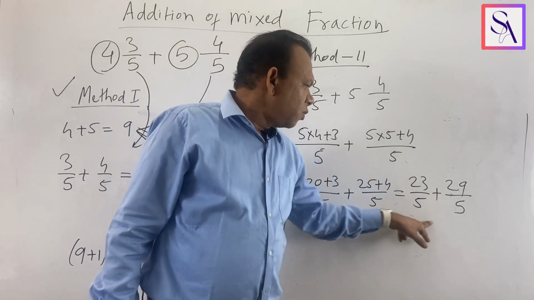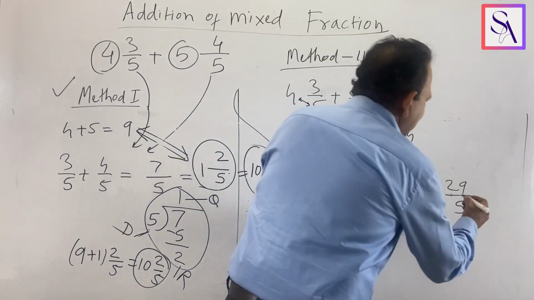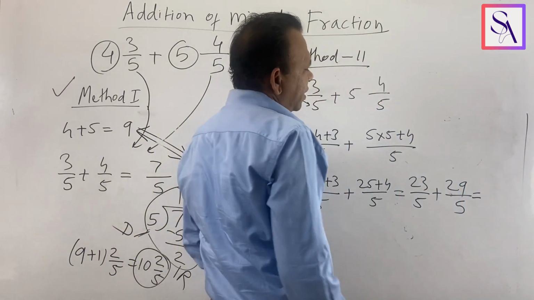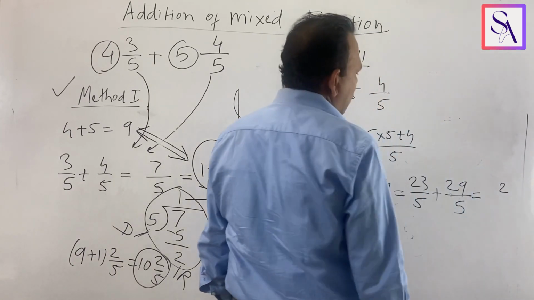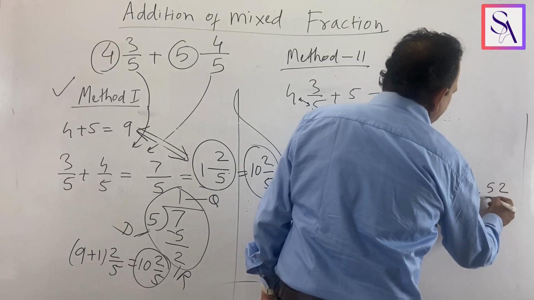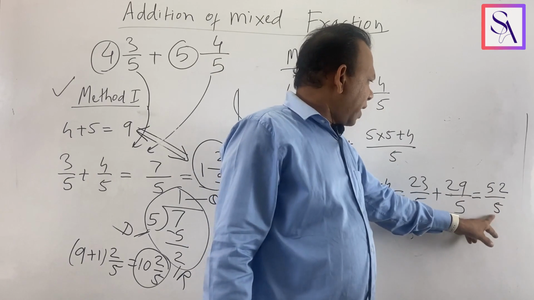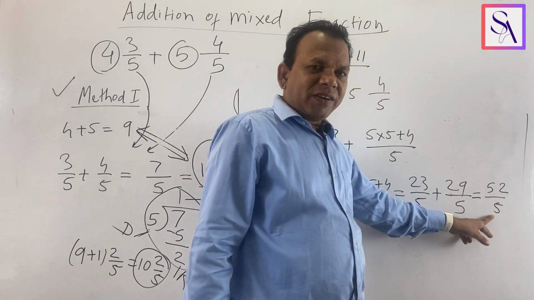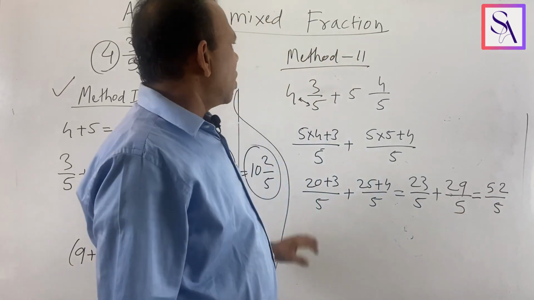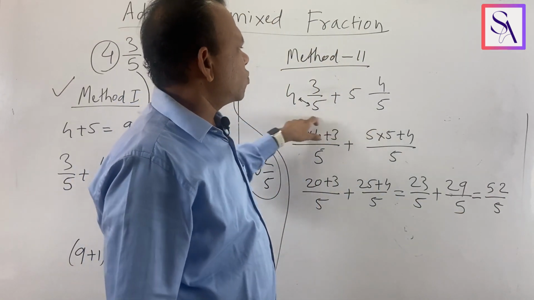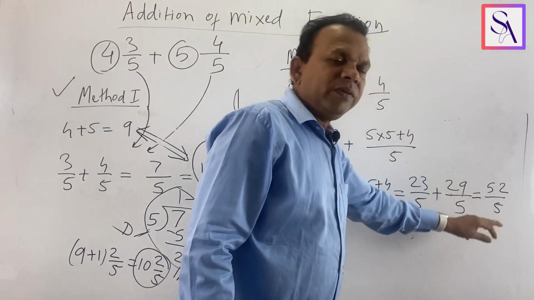Now these two fractions are like fractions because the denominator is 5. So you can add 23 and 29, which is nothing but 52 by 5. Now this 52 by 5 is an improper fraction, right? We have to convert that into a mixed fraction, because the sum is in mixed fractions, so the answer should be in a mixed fraction.